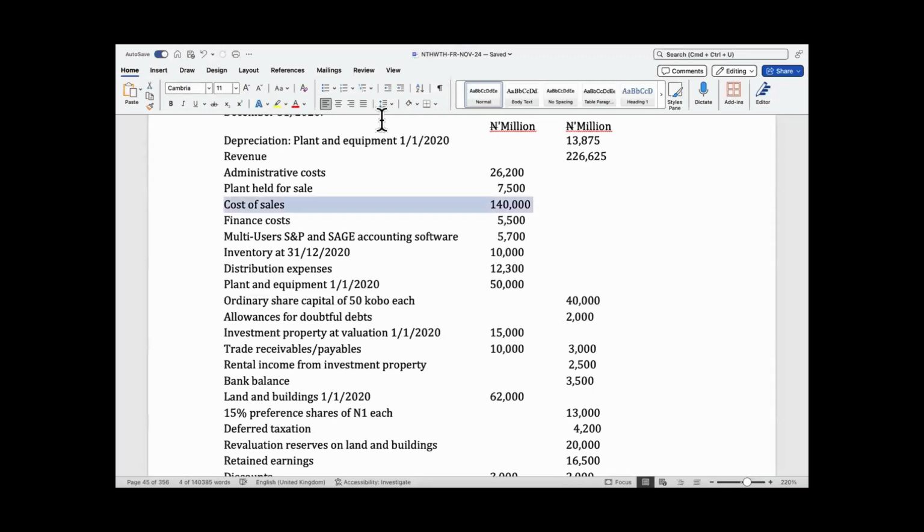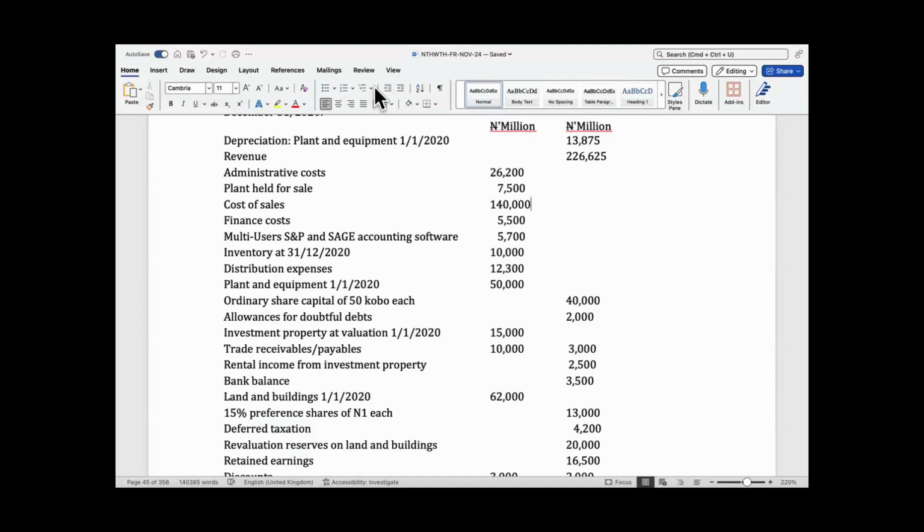If we have our opening stock, we add our purchases, less closing stock, we'll have cost of goods sold available for sale. That's correct. You're correct.